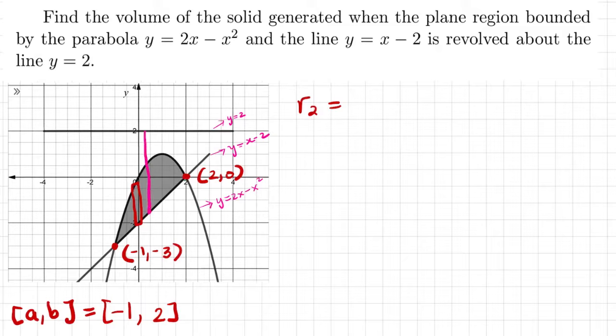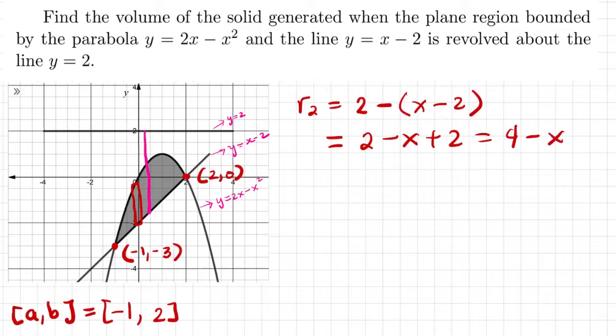So again, how do you get this distance? It is the upper curve minus the lower curve. So your upper curve is the line y equal to 2 minus the lower curve, which has the equation x minus 2. So this is equal to 2 minus x plus 2, or this is equal to 4 minus x. So R2 is 4 minus x.